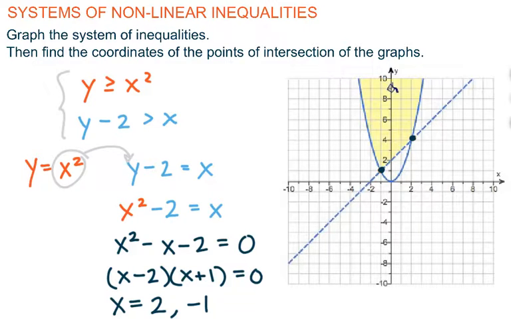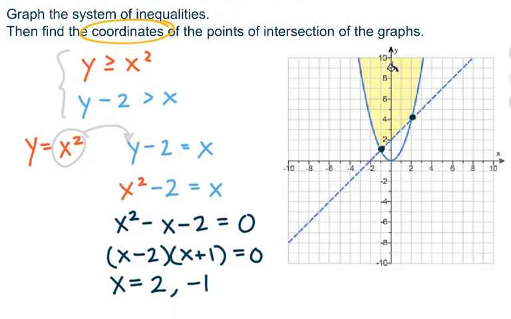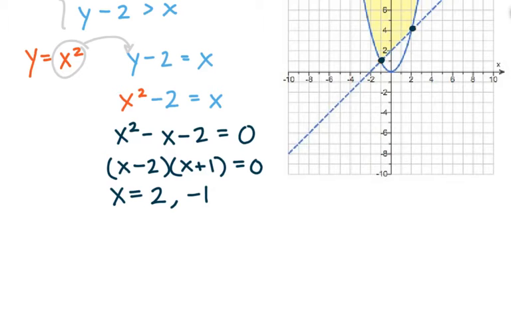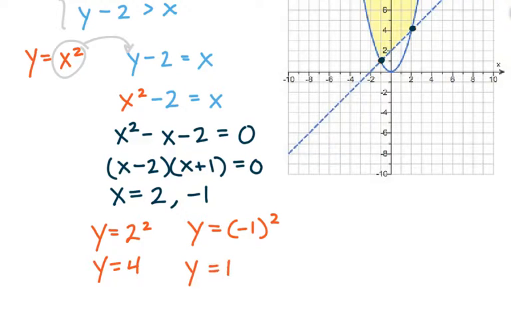Now, we're asked to write these as coordinates, or points of intersection. So we need these as ordered pairs. Since y is equal to x squared, if I plug 2 in, I would have y equals 2 squared, which gives me y equals 4, as well as plugging in -1, that would be y equals (-1) squared, which gives me y equals 1.